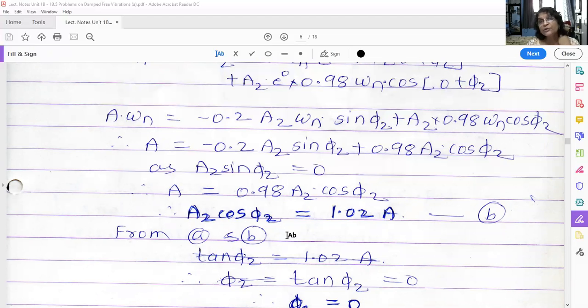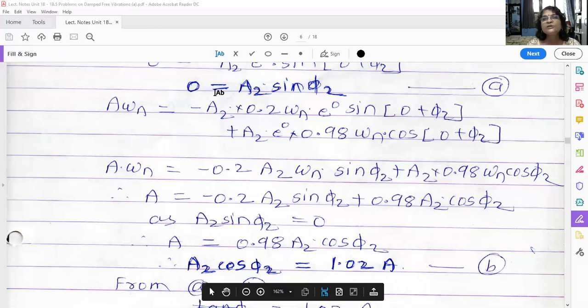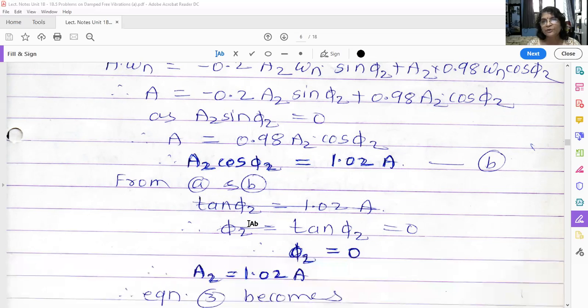Okay. So here, let us consider equations: 0 is equal to A2 sine phi 2 and 1.02 A is equal to A2 cos phi 2. So take a ratio. Sine phi 2 upon cos phi 2 is equal to tan phi 2, which is equal to 0 because the numerator is equal to 0.